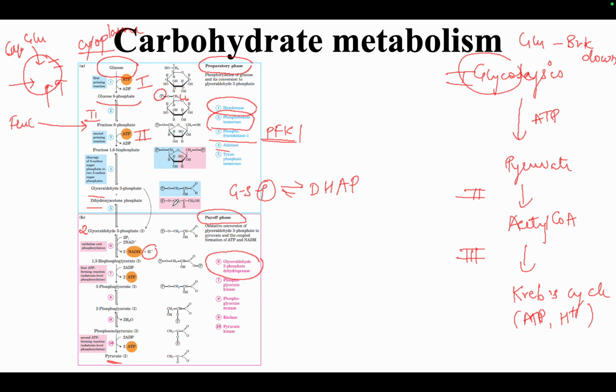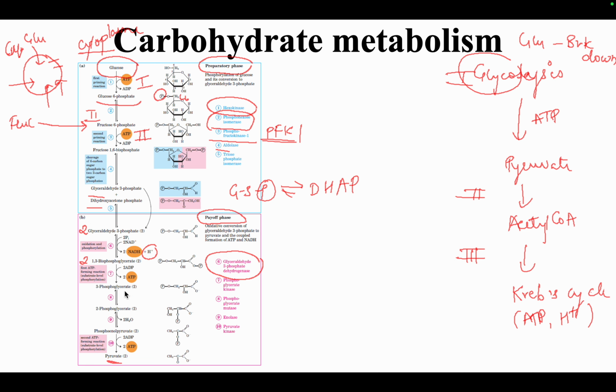Whatever ATP was consumed in the preparative phase will be paid off in the later phase of glycolysis. So glyceraldehyde 3-phosphate is converted into 1,3-bisphosphoglycerate, 2 molecules of it. So we'll get 2 molecules of NADH and H plus.